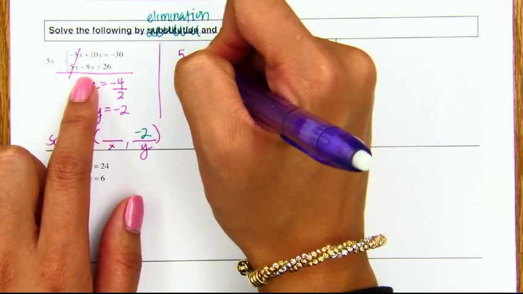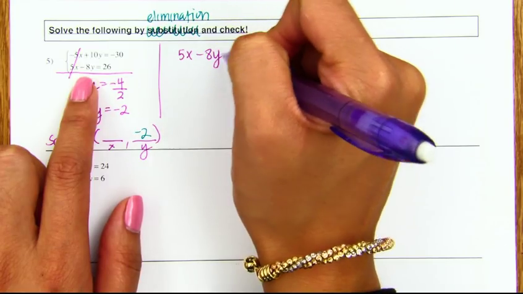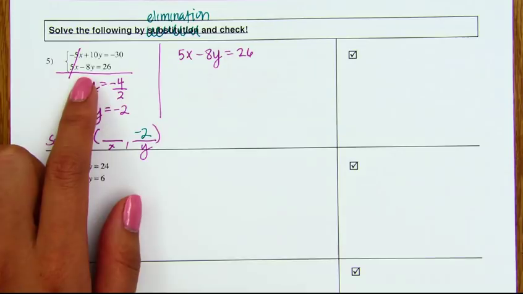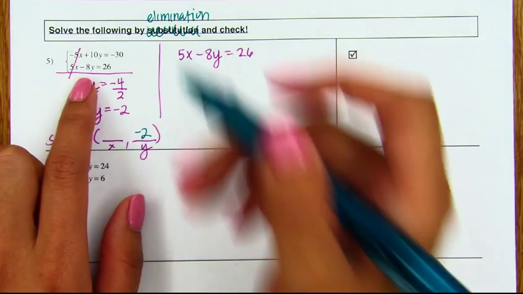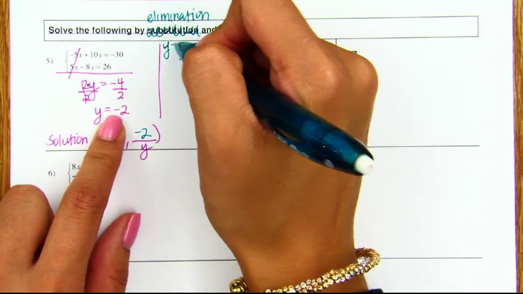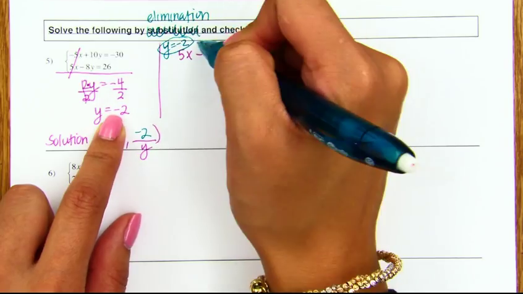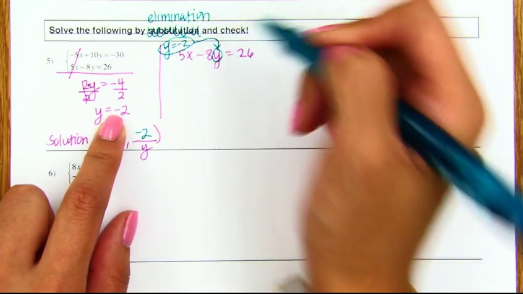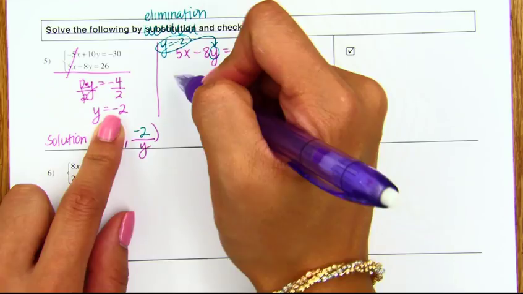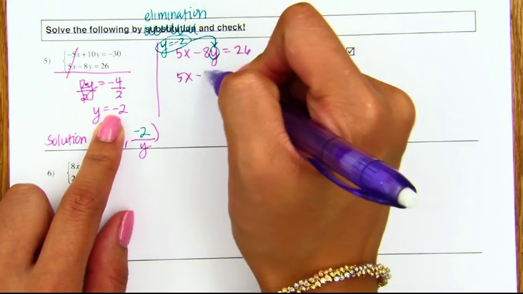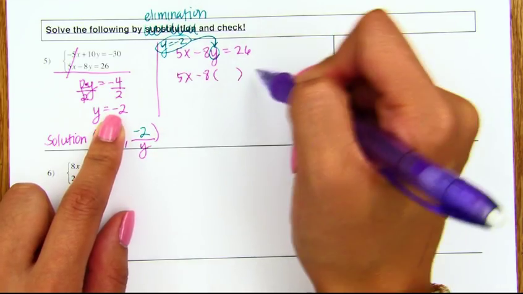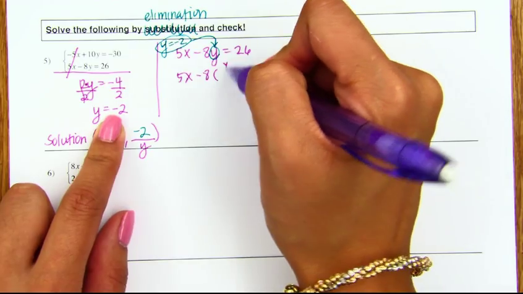I'm going to use 5x minus 8y equals 26. Let's not forget what we know. As of right now, we already know y equals negative 2, so I'm going to plug that in for y and only y. Now I have 5x minus 8 parentheses for y equals 26.